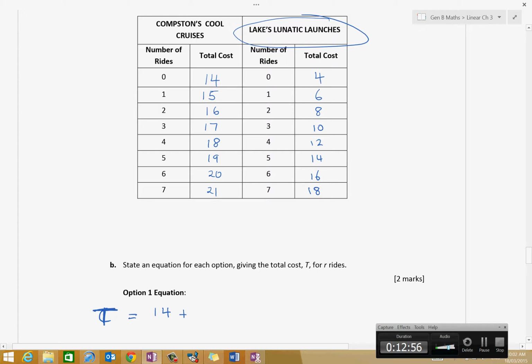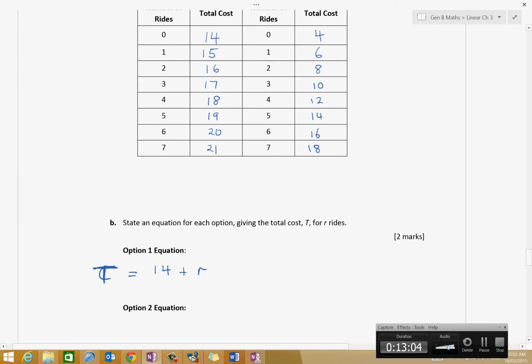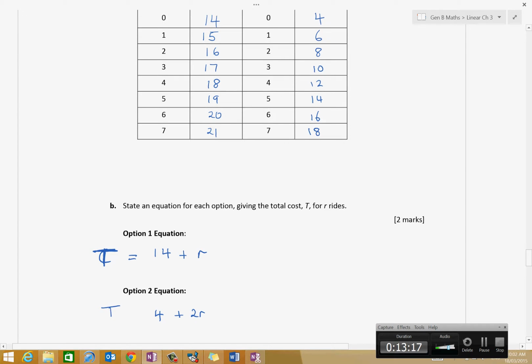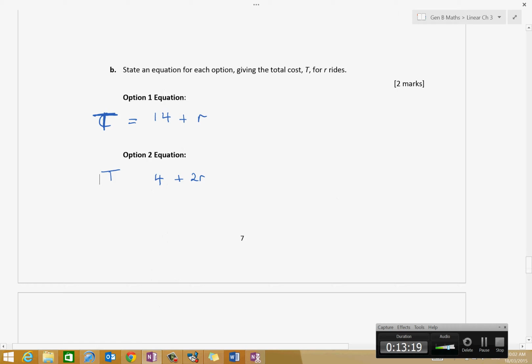Right, okay, so plus 1R if you like. Does it matter if you do R plus 14? That's fine. R plus 14 is the same thing. Option 2 is it's cost you $4, but it's plus $2 a ride. So therefore plus 2R. So there you go. There's option 1 and option 2 equations. Once again, each worth a mark.